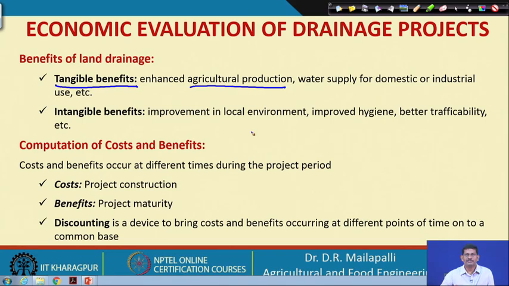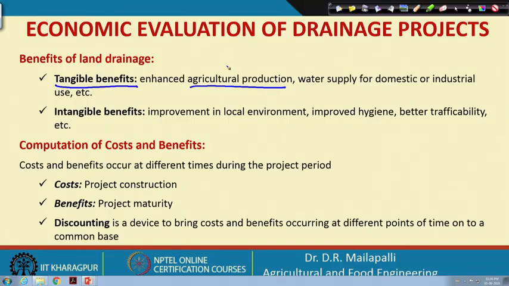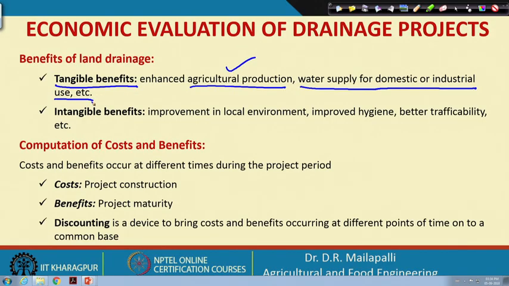Now because of drainage you will be able to grow crops, so agricultural production is going to increase. There is also water supply for domestic and industrial use, etc. Whatever outflow you get from the drainage can be treated and used as water supply for domestic use and also for industries. These are the direct benefits of agricultural drainage.